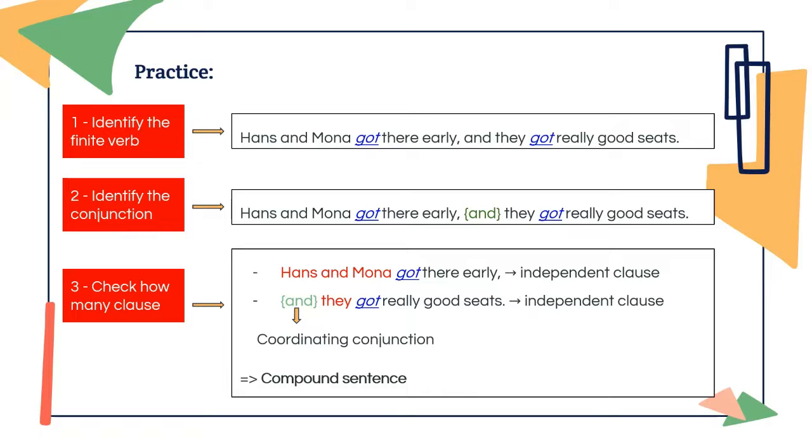The first one is "Hans and Mona got there early," and the second one is "and they got really good seats." We can see these two clauses as independent clauses. And we can conclude through the features that the sentence has two independent clauses connected by a coordinate conjunction, so this type of sentence is a compound sentence.